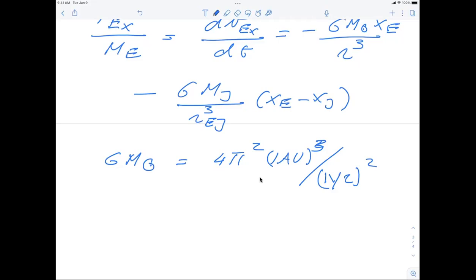Now, if you look at what we have now with Jupiter, we have the mass of Jupiter, and this doesn't look like the gravitational constant times the mass of the sun. So what's the simplest way of introducing this 4 pi squared term? This is actually the trick you need to do when you're scaling your equations here. So what's the simplest possible way? You could actually introduce this factor 4 pi squared.